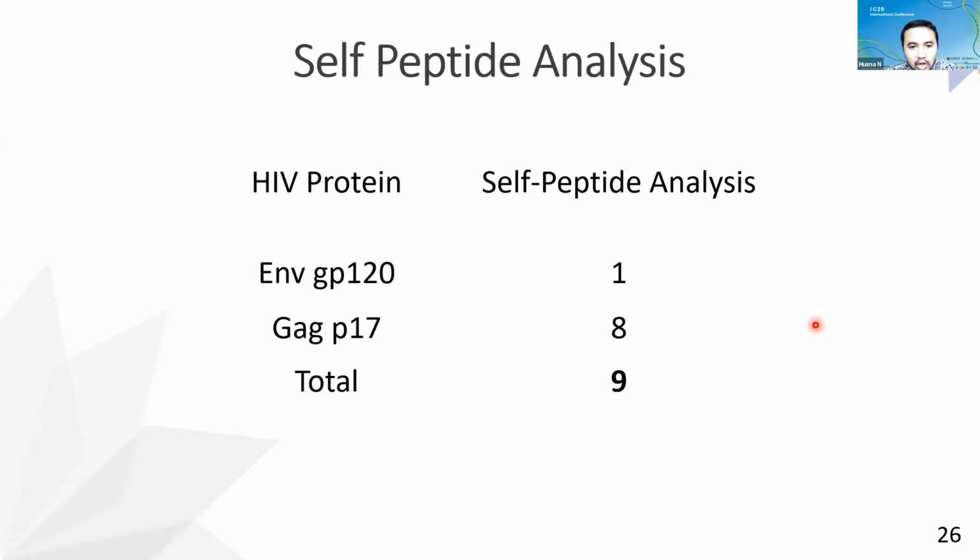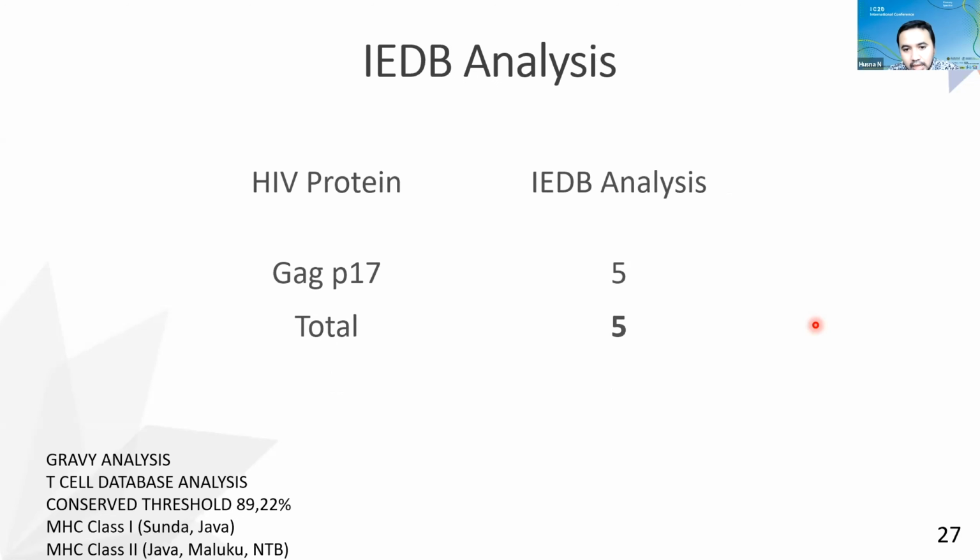Then we checked with self-peptide analysis and went down to 9 epitopes. Then we used the IEDB, the International Epitope Database, and finally came up with 5 epitopes.